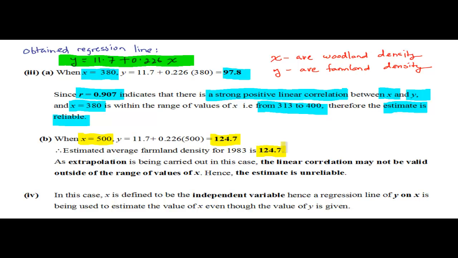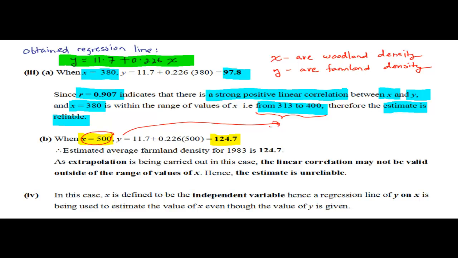If you look closely, the range of values for x observable from the table stretches from 313 to 400. So the woodland density of 500 does not fall inside this range of values.